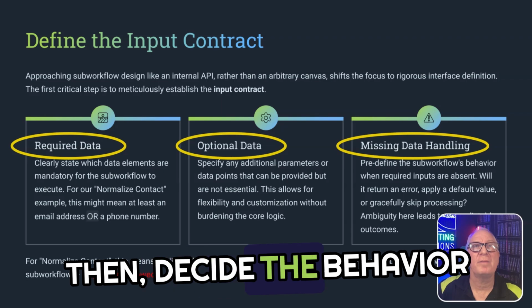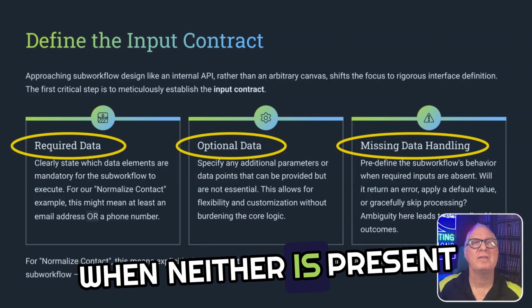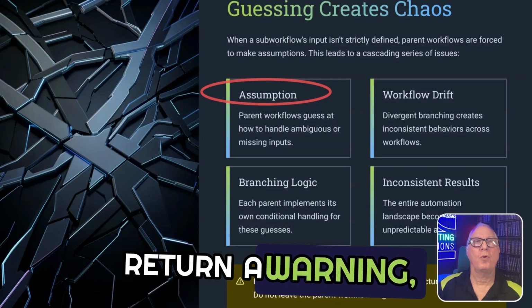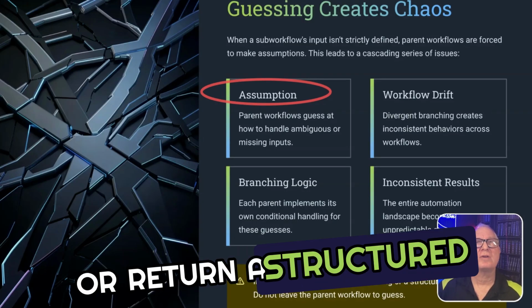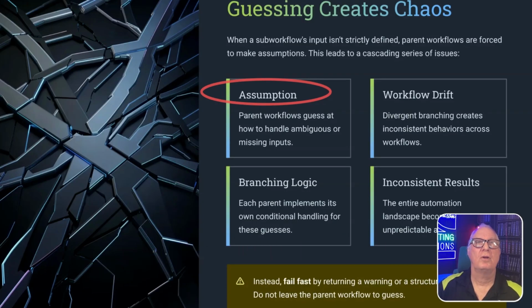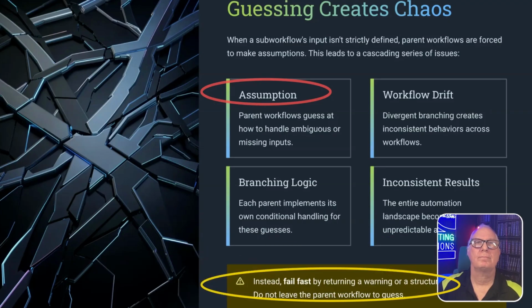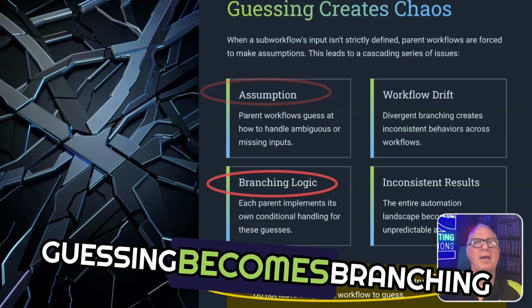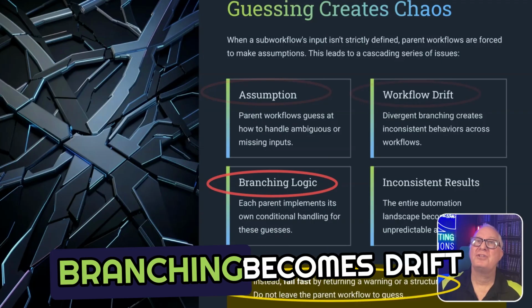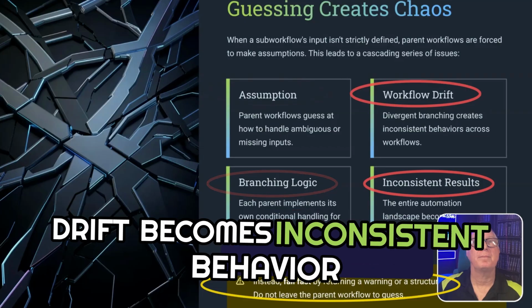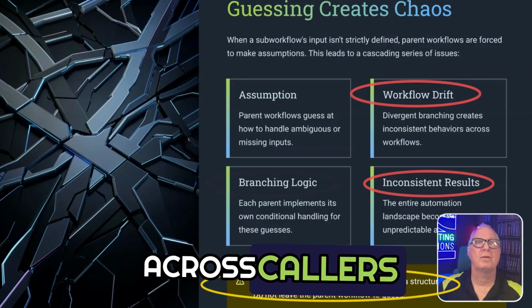Then decide the behavior when neither is present: fail fast, return a warning, or return a structured error object. Don't leave the parent workflow guessing. Guessing becomes branching. Branching becomes drift. Drift becomes inconsistent behavior across callers.